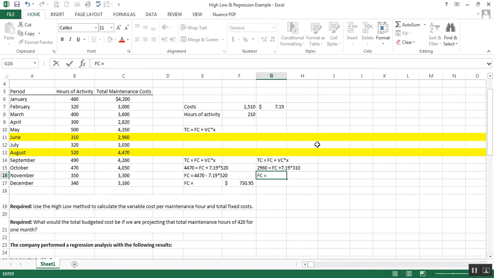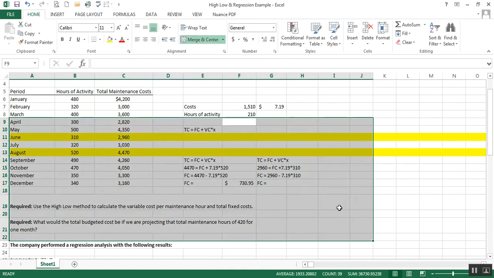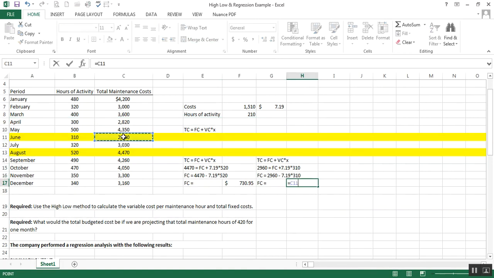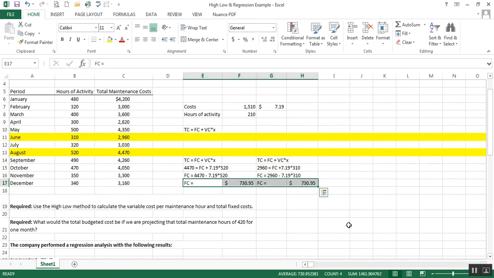Rearrange the formula: fixed cost equals 2960 minus 7.19 times 310. You'll see that I got the same exact numbers, whether I picked the highest or the lowest. So now I know that my fixed cost is $730.95 and my variable cost is $7.19.